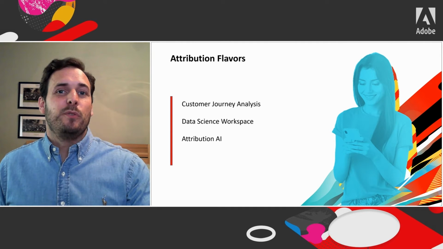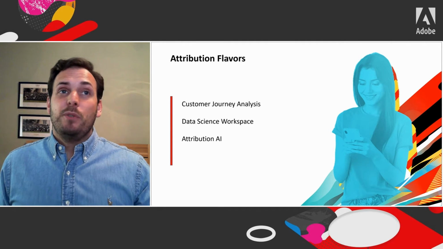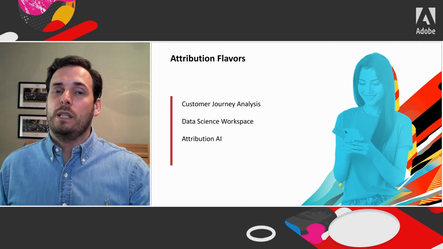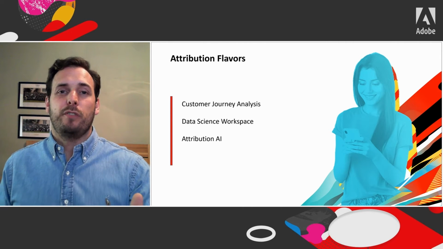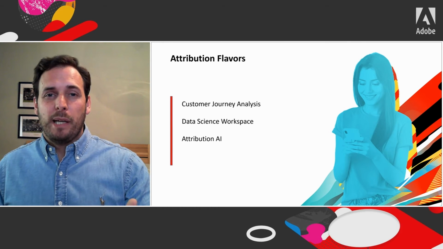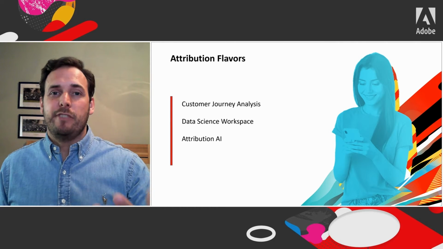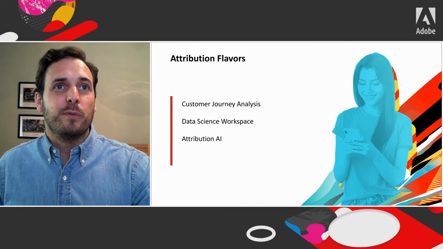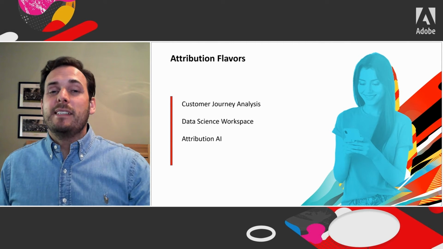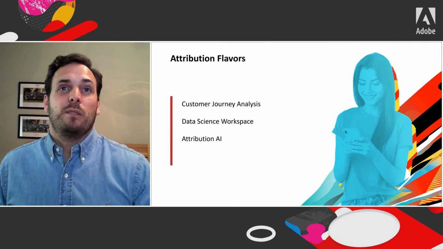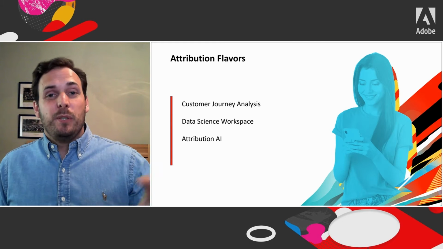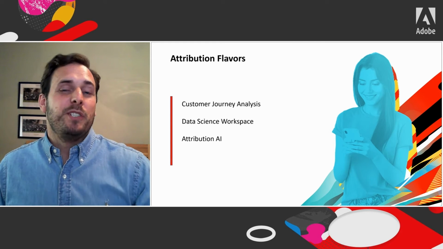So not only attribution modeling, and then we have Attribution AI, where customers have more control over running attribution models. So, for example, looking at a training population window, looking at seasonality and region, and they can schedule the attribution models as well. So, really, there are 3 main places where we can run attribution models in AEP, and depending on the use case, will depend on which one we choose.